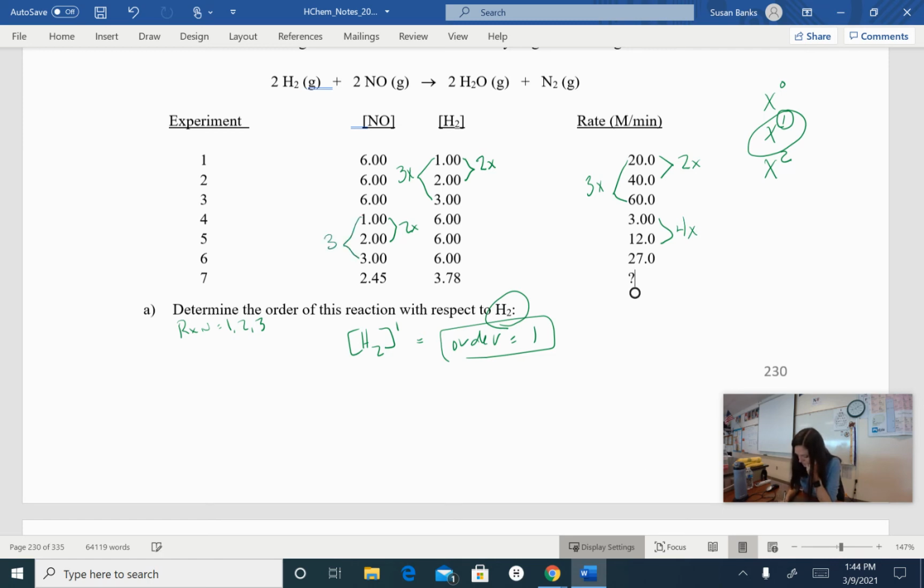This is 3 times. 27 divided by 3 is 9 times. Is this constant? No. Is it linear? Does it go up in the same proportions? No. Does it go up in proportions like a square? Yes. So this is second order.